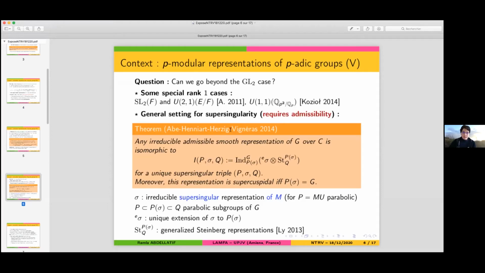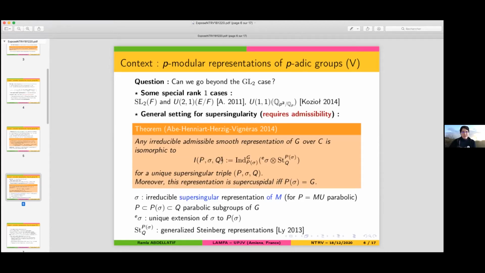Then what Abe, Henniart, Herzig and Vignéras proved is that you can find a maximal parabolic subgroup of G to which sigma extends. And then the extension is uniquely defined. This is what is called E_sigma here. And now you have a triple of parabolics. So you have P and P_sigma, and you add a bigger parabolic Q. And this is your triple (P, sigma, Q), okay?